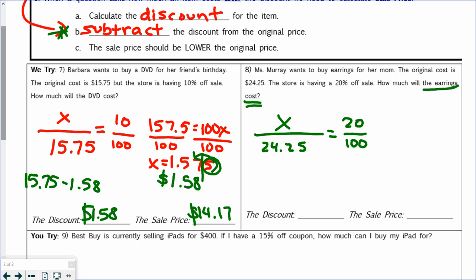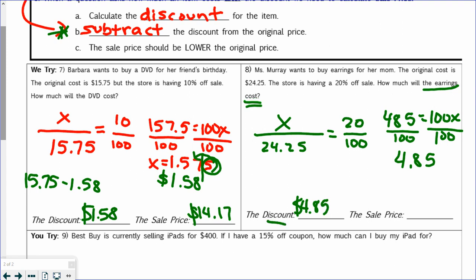It gives me 485 equals 100x. We divide both sides by 100. And it gives me 4.85. So the discount, how much money I'm saving, is $4.85. But if I want to find the sale price we subtract. So how much did the earrings actually cost?